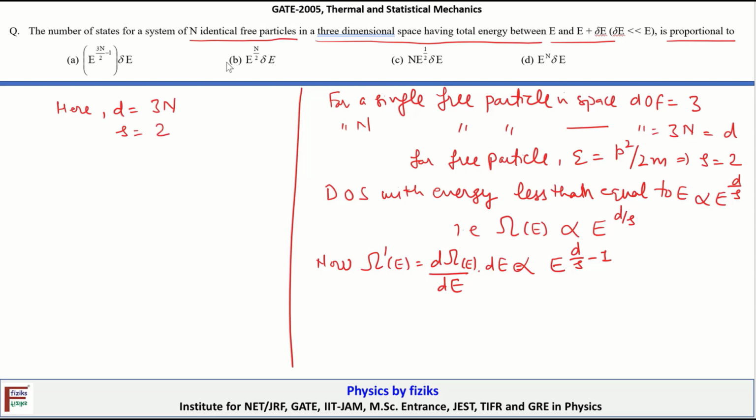So therefore the required density of states is proportional to E power d by s minus 1, so E power 3n by 2 minus 1, and then dE. So it represents the density of states in the range E to E plus delta E. So therefore the right answer is A.